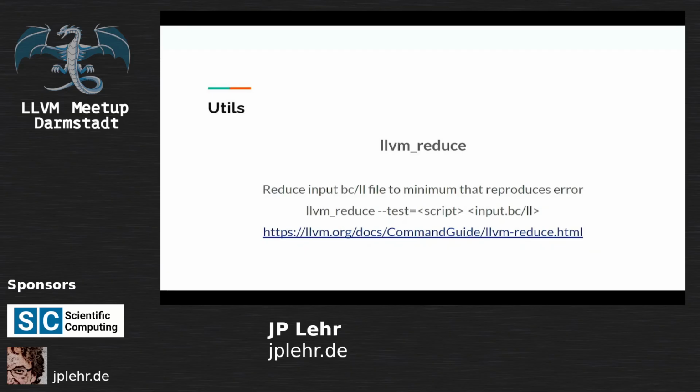Obviously, there's the reference to the command line documentation. That just runs tests to see if the error still happens, and throws away IR, which is typically the case because you don't need hundreds and thousands of lines of IR to hit a specific assertion or something.